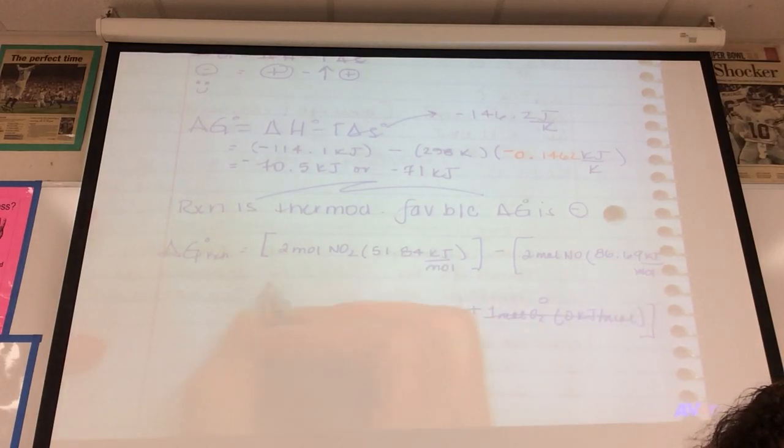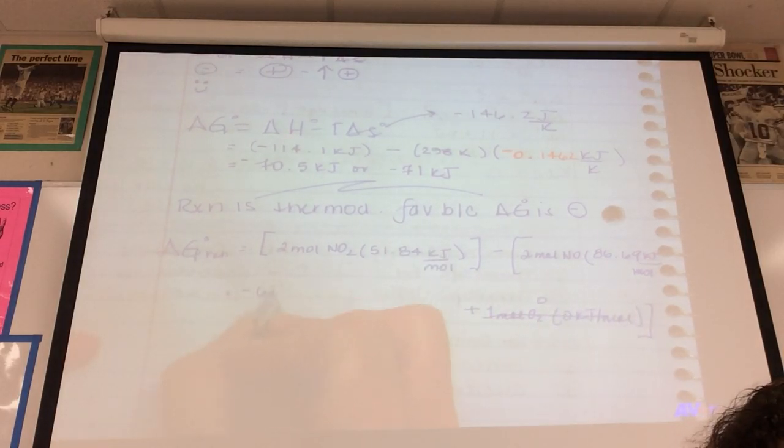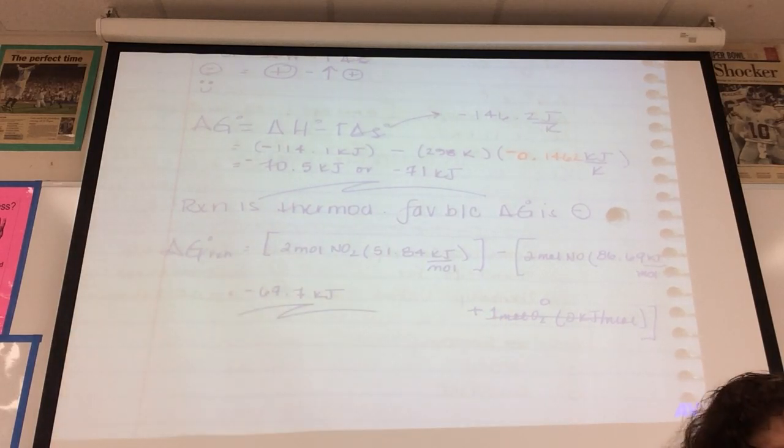And when you do it this way, you get negative 69.7 kilojoules. And actually, probably should be 70 because maintaining decimals there. And those are grossly similar.